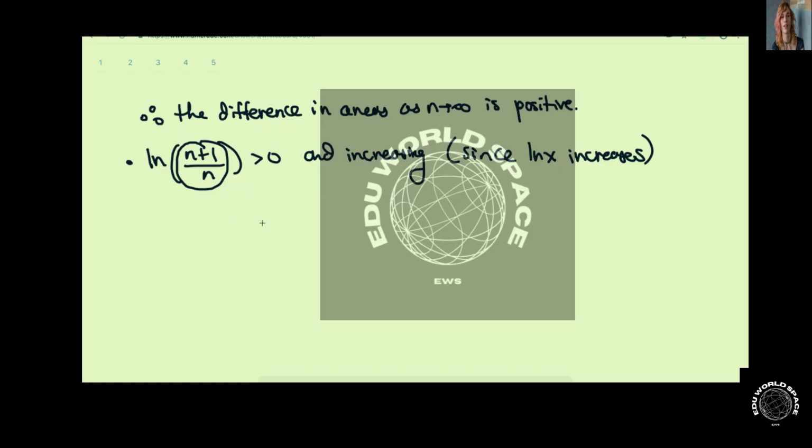Okay, so also we have both areas are positive as n goes to infinity, because we have the same remark here for 1 over n plus 1. This is positive but decreasing.